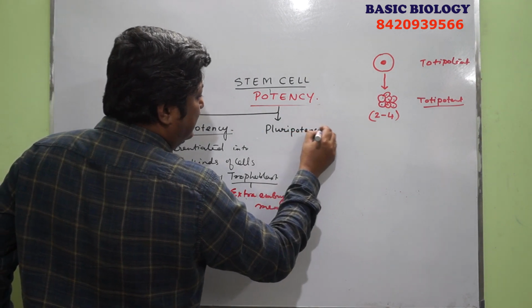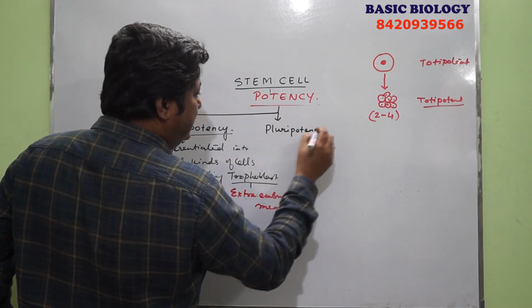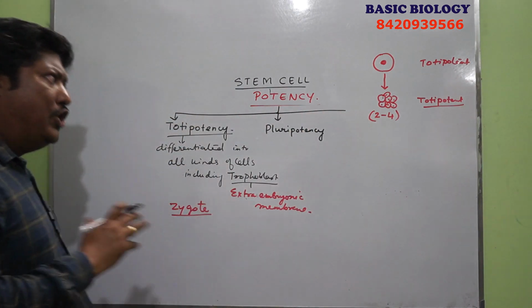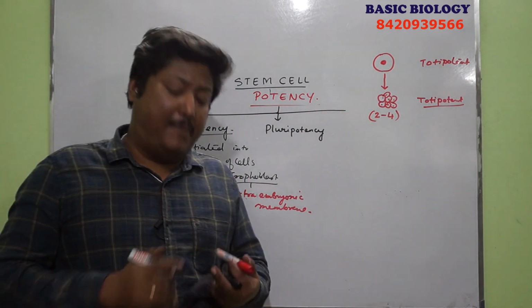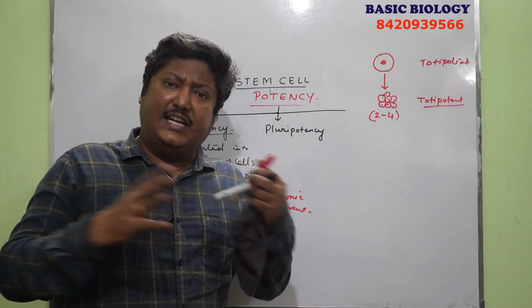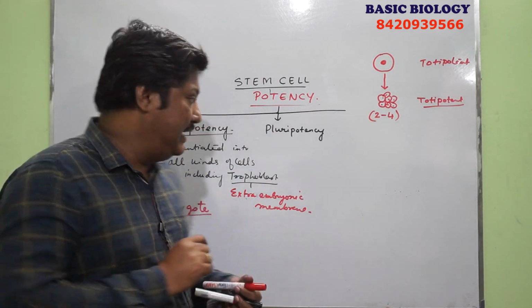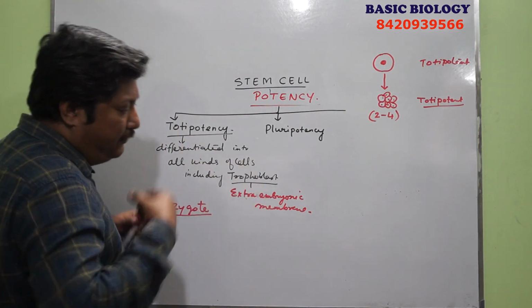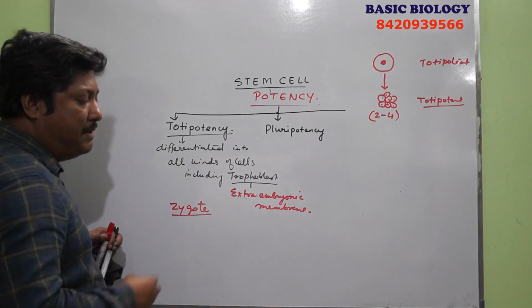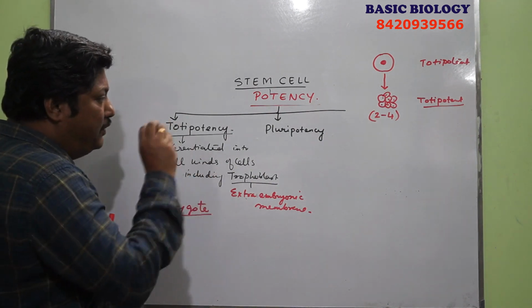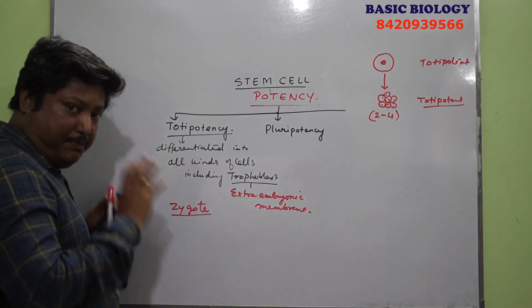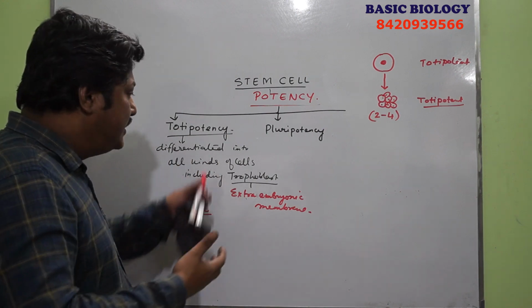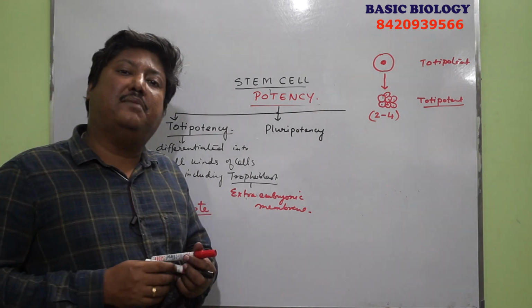That is another subdivision of potency, pluripotency. Now what does it mean? It is also responsible for the development or differentiation of all kinds of cells, but here is an exception. It is unable to differentiate into the extra-embryonic membrane or the trophoblast. That means pluripotent stem cells are not able to give rise to the trophoblast or the extra-embryonic membranes.